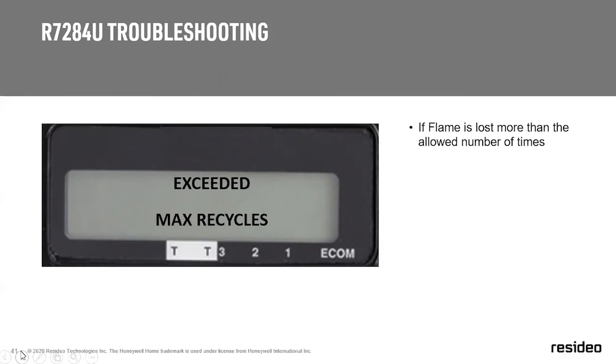When it loses flame, it's going to go into a recycle and try to fire again. After it exceeds 3 of those in a row, it's going to lock out. So basically, the control told you, I did fire, but I lost flame during run.